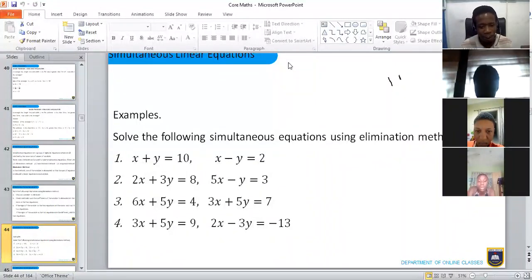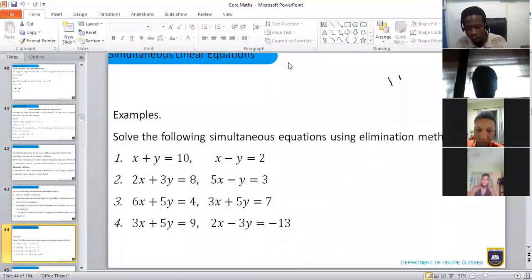So this example 1 is saying that x takes a value and y takes another value in such a way that when I add these values, we get 10, and when we subtract these values, we get 2. Let's look at the solution, how it works using the elimination method.